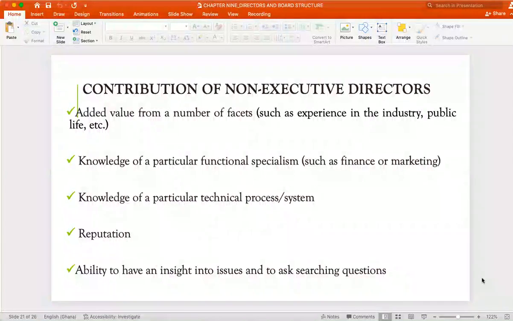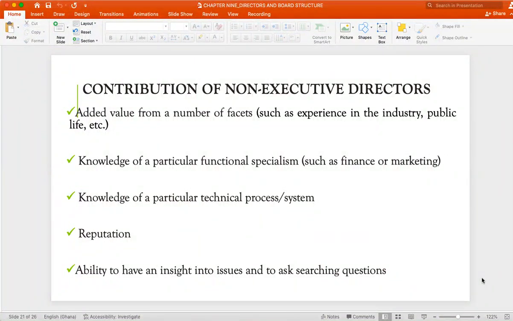So some have knowledge of a particular functional area. When we're talking about the committees, when we mention audit, we could pinpoint professionals that could function well there. When we mention compensation or remuneration, we could pinpoint others.